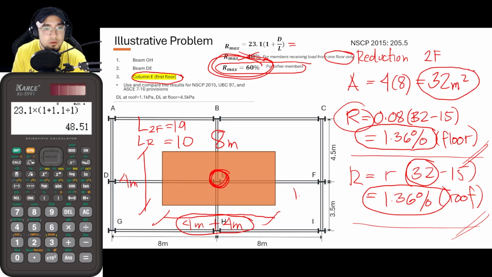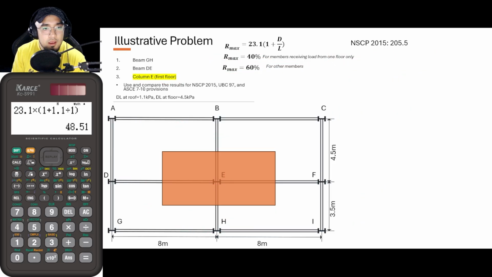Okay? So erase ko lang. So 1.36, tandaan ko lang. Again, the value for R for both is 1.36%. So for the floor live load, yung para sa floor po, that is now equal to 1.9 times, ay hindi pala 1.9.